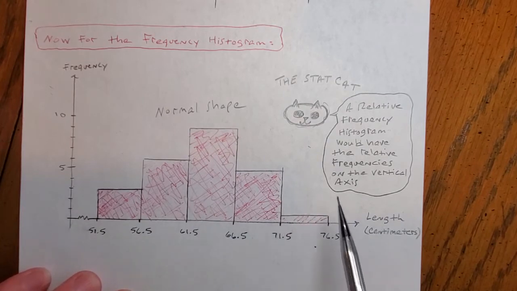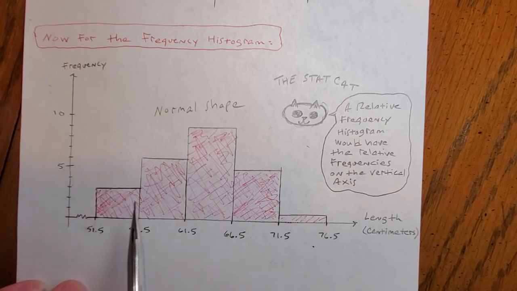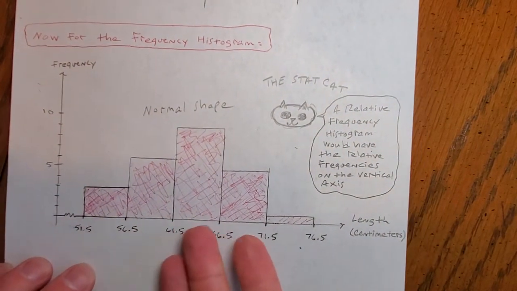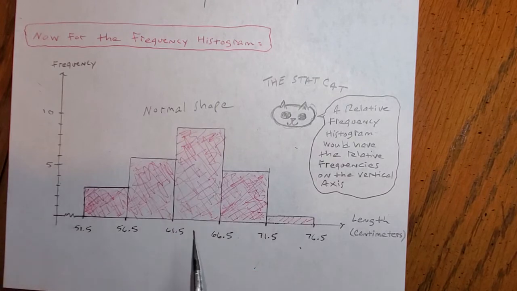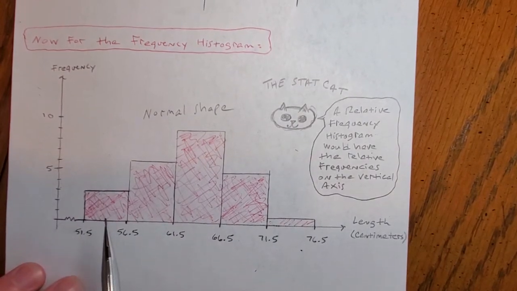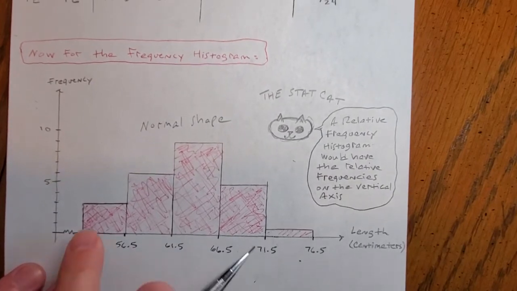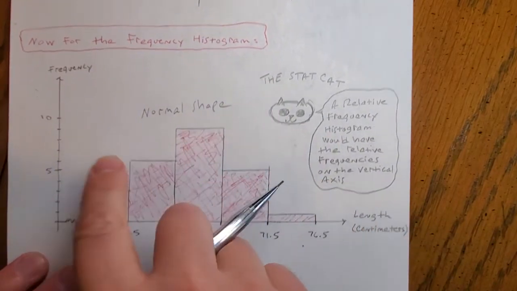Very few are over 7 feet tall, and very few are under 5 feet tall. Most of them are in the middle. That's just how it happens to be. So I'm not surprised with these. If you measure the length of an iguana, most of them are near the middle where the average is, and not so many are way bigger, and not so many are way smaller. So this distribution has a normal shape.